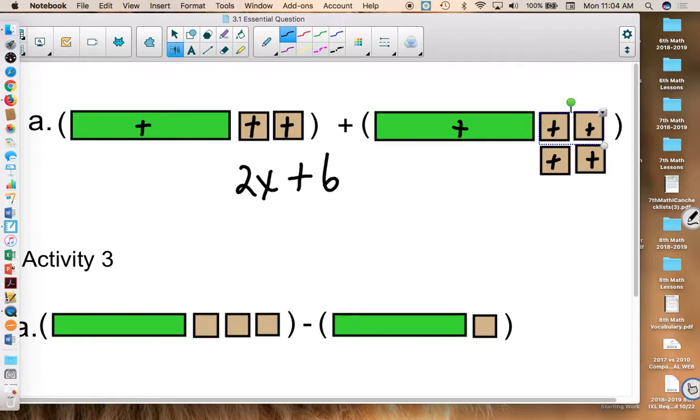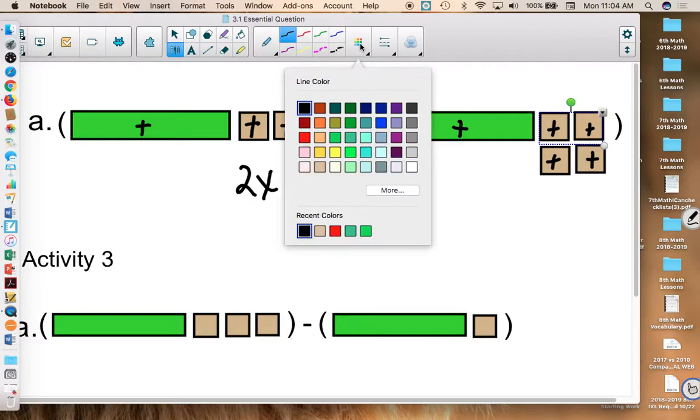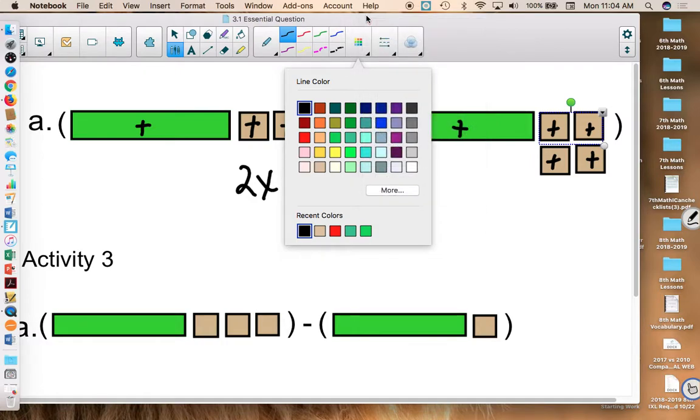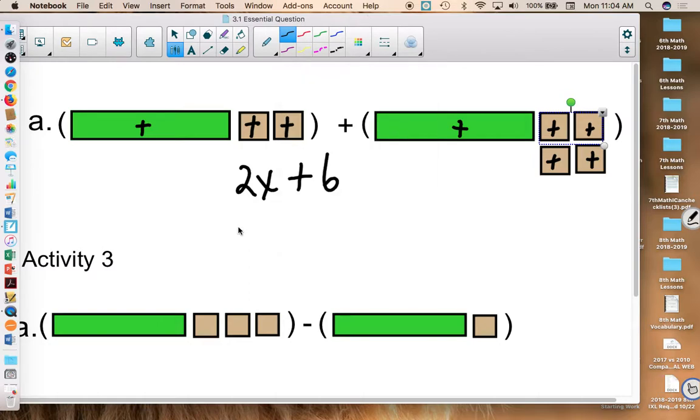Now, what if I went in here, and I said, you've got it built, right? I want you to take your first 2 positives and flip them over.